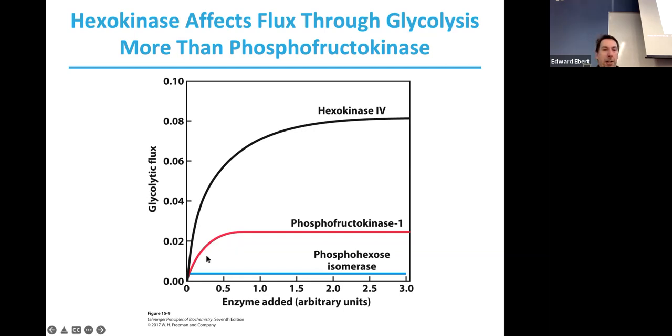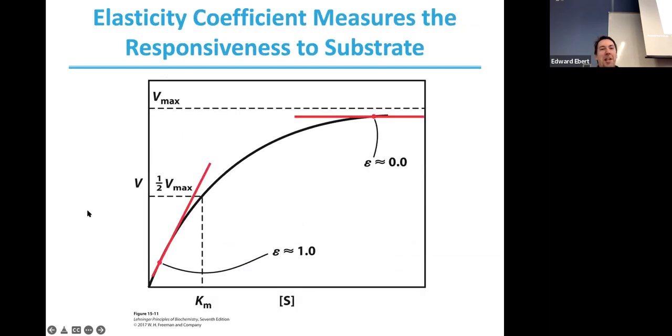We can see we get to a maximal level pretty quickly for our enzyme here. Half a unit of PFK1 was there, and 1 to 2 units of hexokinase. Anyway, don't worry about this elasticity coefficient. This is another slide I should probably get rid of, but the elasticity coefficient is really looking at our responsiveness, because we're looking at our initial rate when we just add a little bit of substrate versus when we have it saturated.